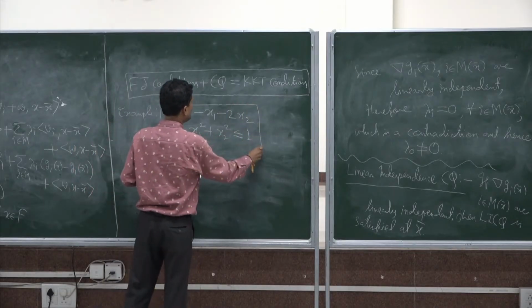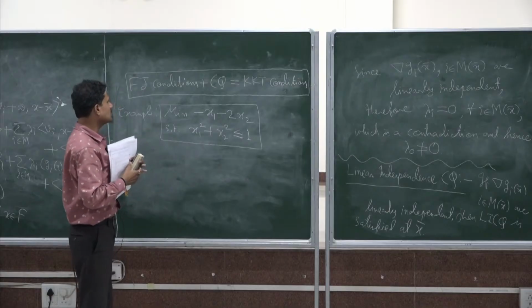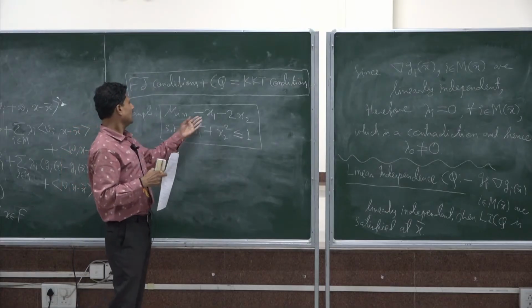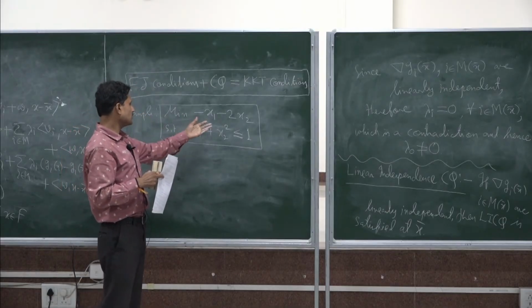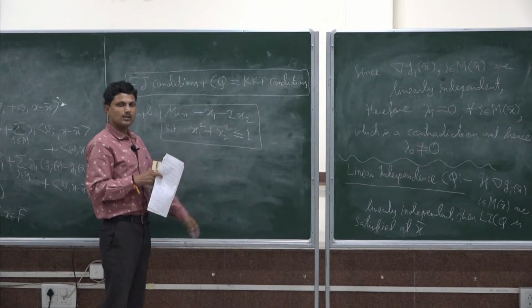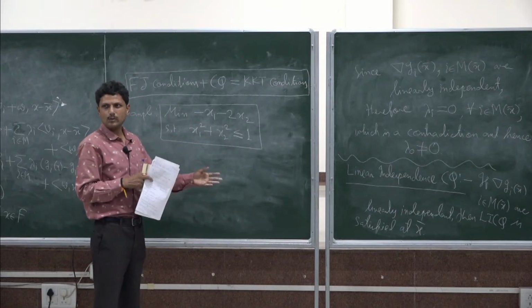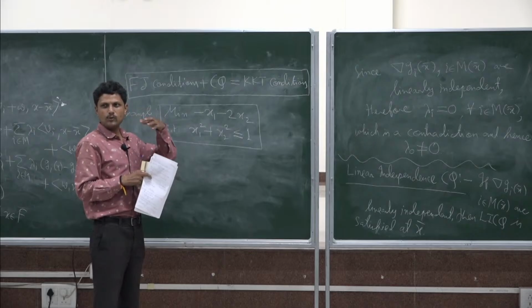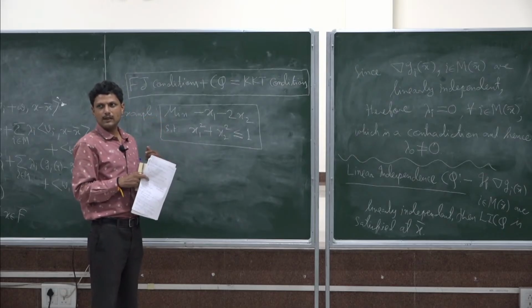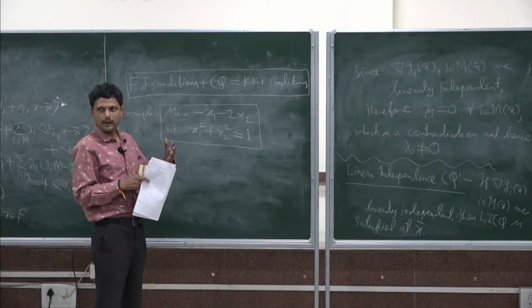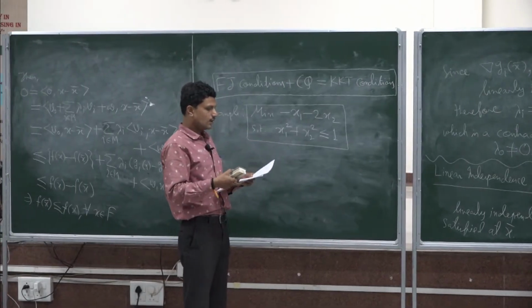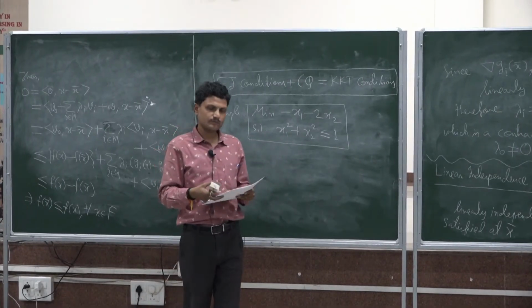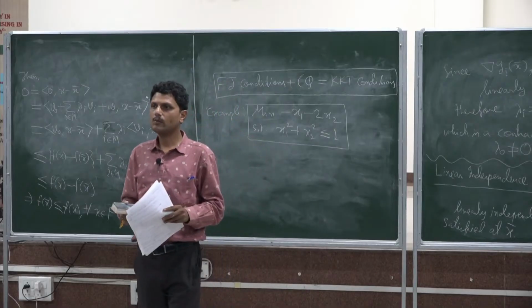So, you can use the KKT conditions, and you see that this is linear, so it is convex, and this one is also convex. So, this is a convex optimization problem. So you try to find the KKT conditions where this is satisfied, right? So you work out this example.